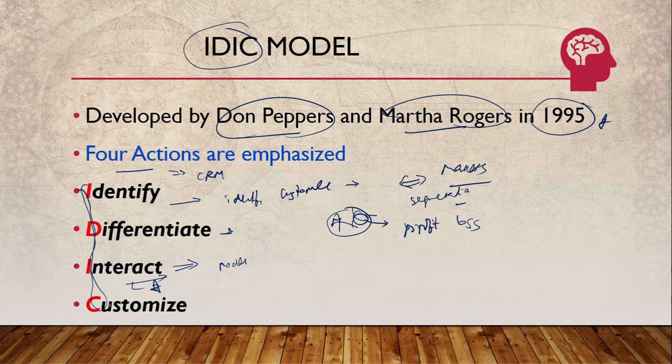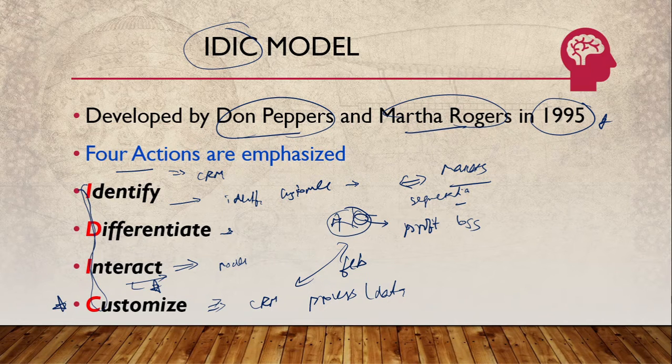And the fourth is, depending on the interaction with the customers and the feedback from the market, how you will customize your customer relationship management. That is how you adapt your processes and develop your data. So that is what the customize step of this IDIC model is about.